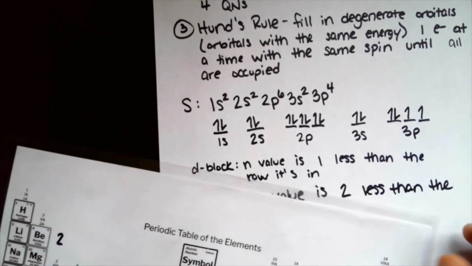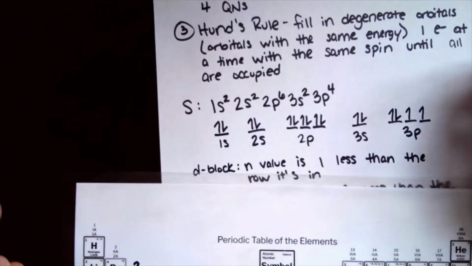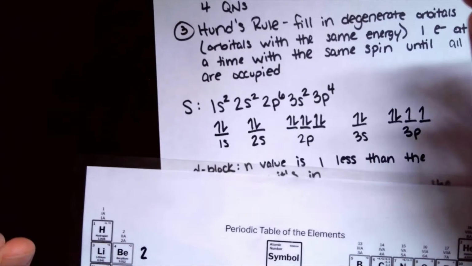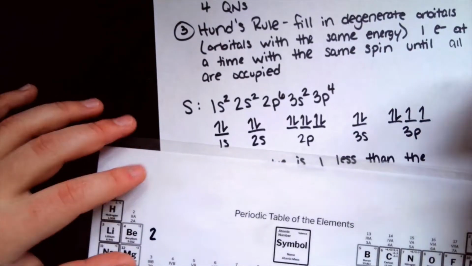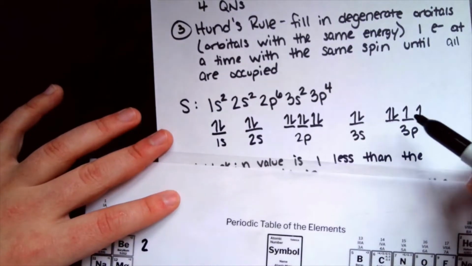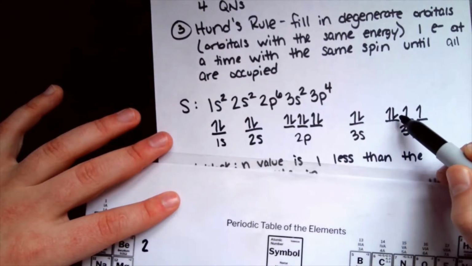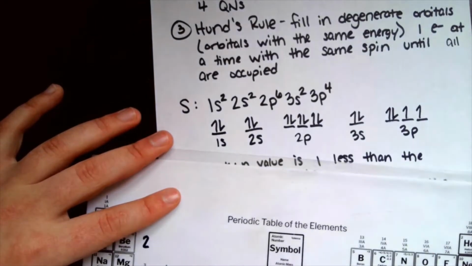Now, if you are ionizing something, that means you're taking an electron away. You need to take away the outermost electron. Basically, you take them away in the opposite order that you filled them in.